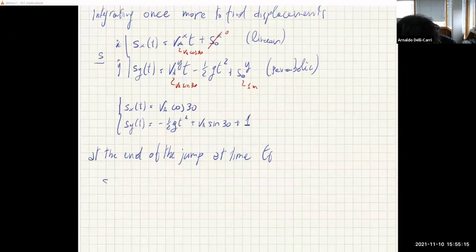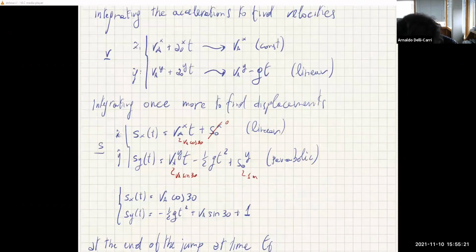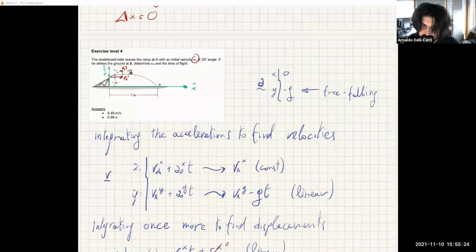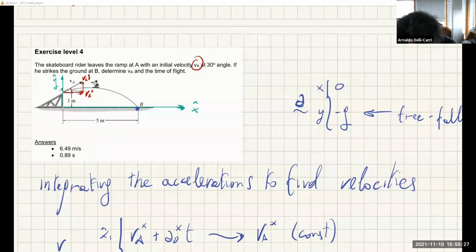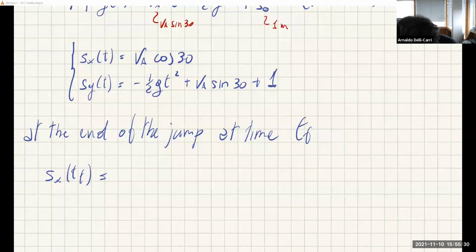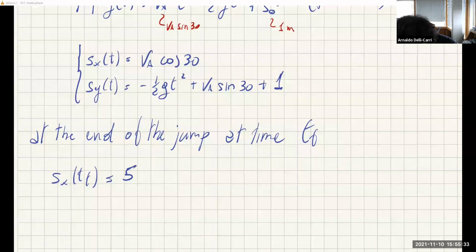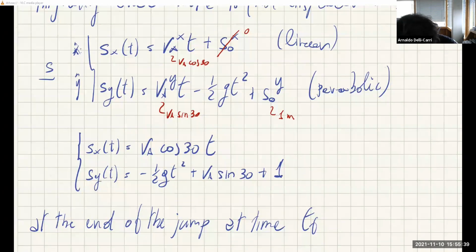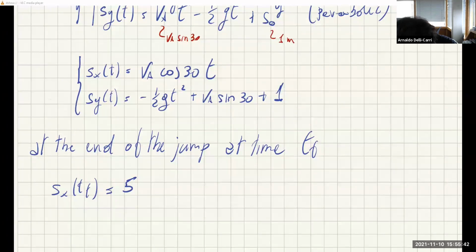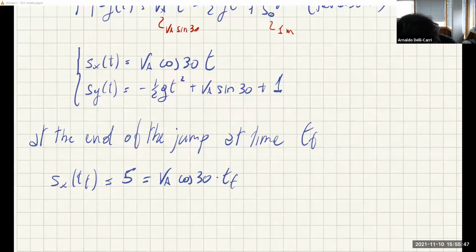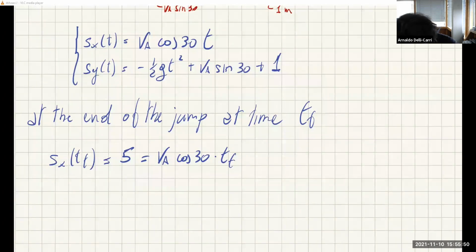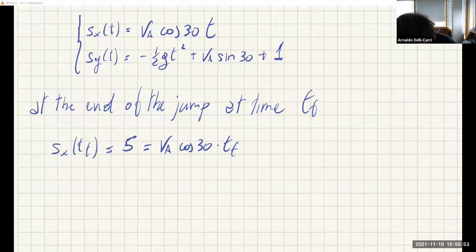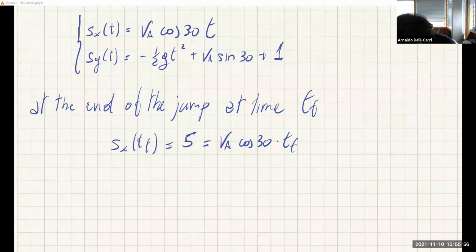We have that Sx of t final, at point B, is 5 meters. And so 5 meters equals VA cosine of 30 times T final. And this is one equation in 2 unknowns. So this is my first, this is my second unknown.